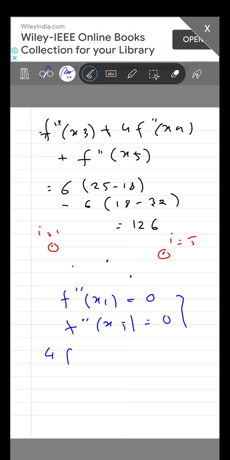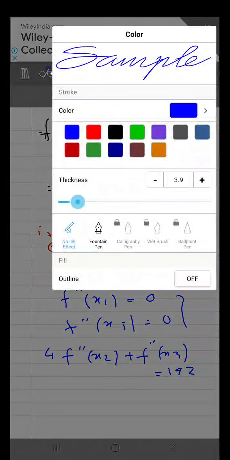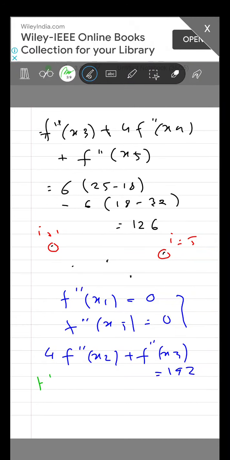4 f double differentiation x2 plus f double differentiation x3 as equal to 192, as obtained previously. We get the next equation as f double differentiation x2 plus 4 double differentiation x3 plus f double differentiation x4 as equal to minus 186.